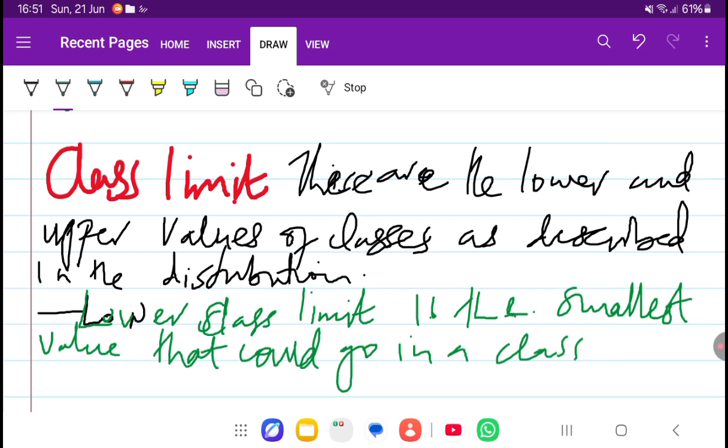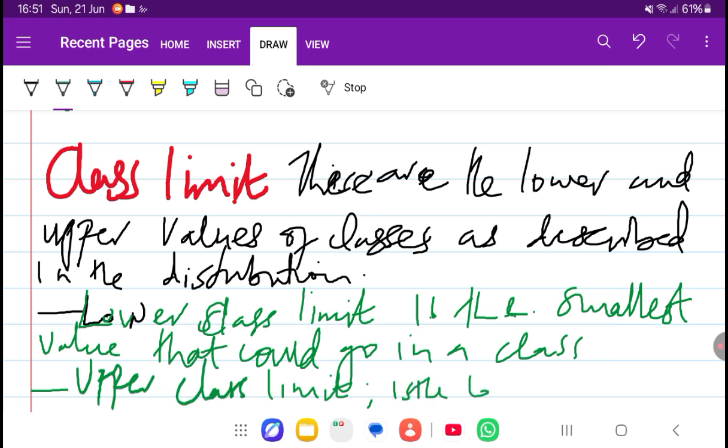And then the upper class limit is the largest value that could go in a class if we are looking at inclusive classes.